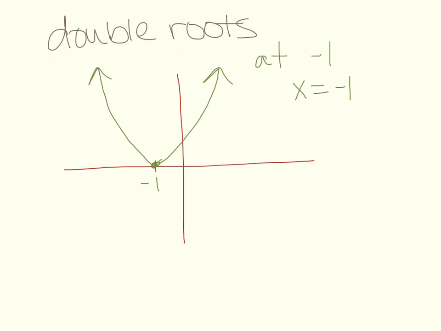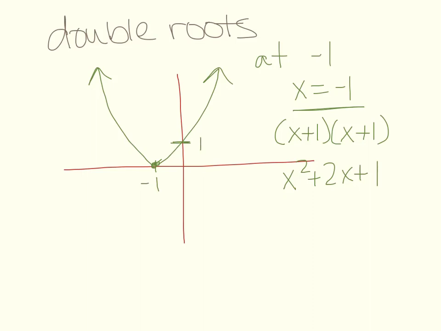So what this means is that we have two roots at -1. So when we do the factored version, it's going to look like that. We multiply it out. Our y-intercept is 1 in this case if we're not going to multiply it by anything.